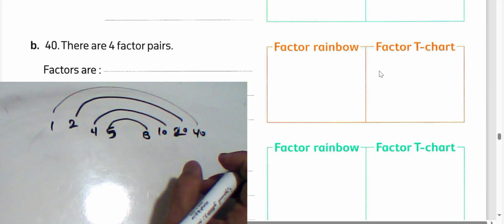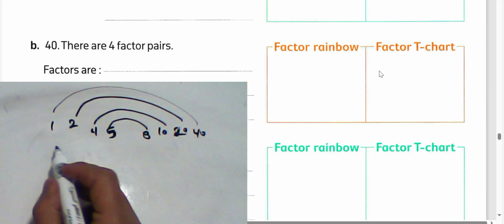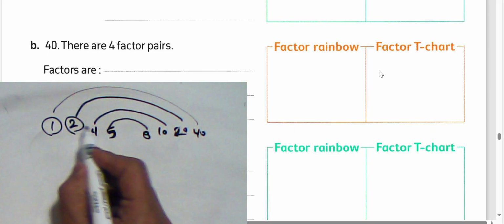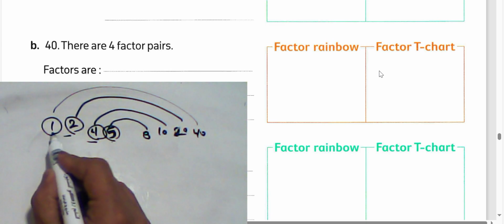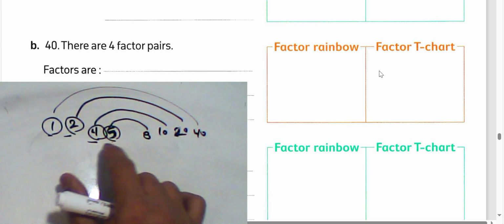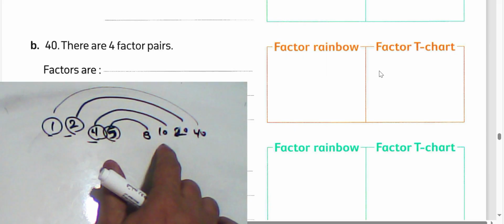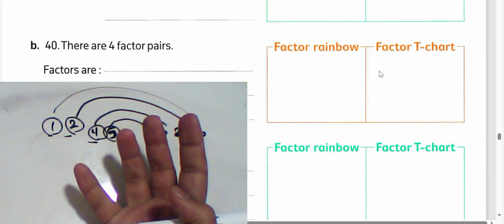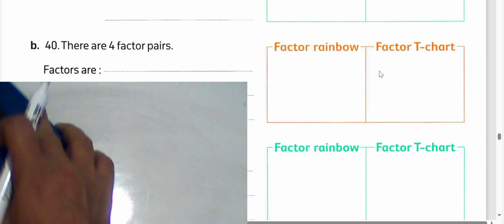Then we have 1, 2, 3, 4. We have 4 pairs: 1 times 40, 2 times 20, 4 times 10, and 5 times 8. Then we have 4 factor pairs.